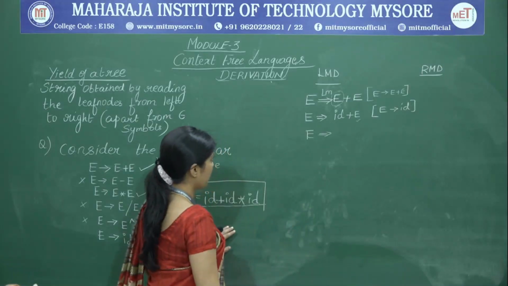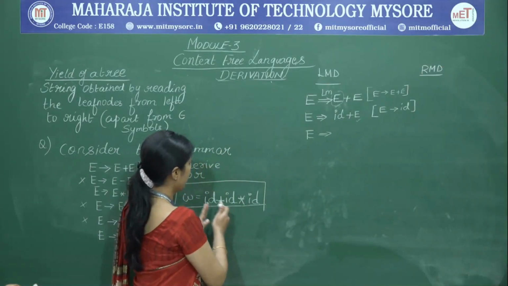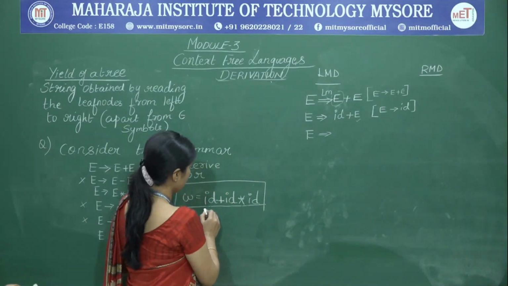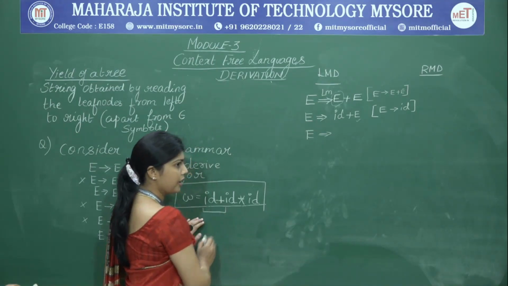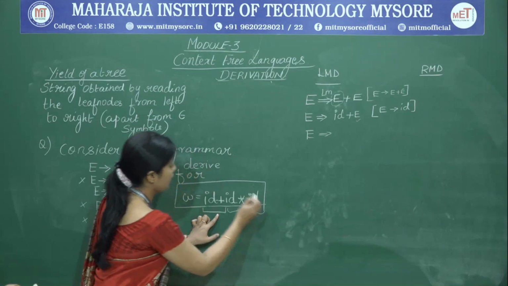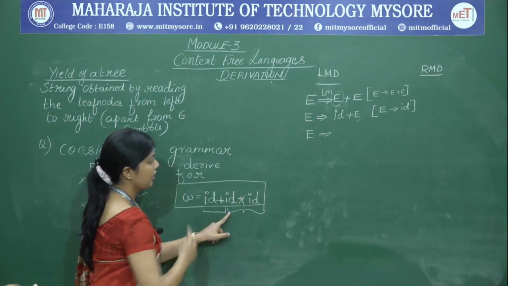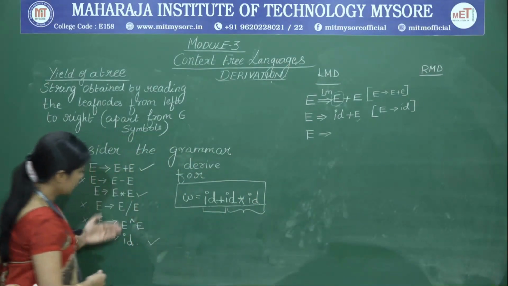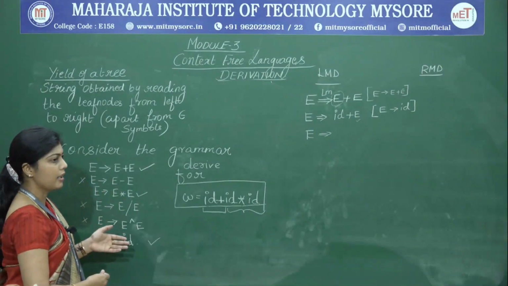So E is what we are going to pick up, and we look at what follows id and plus. After id and plus, what do we require? We need id star id. There is no production that directly says id star id.